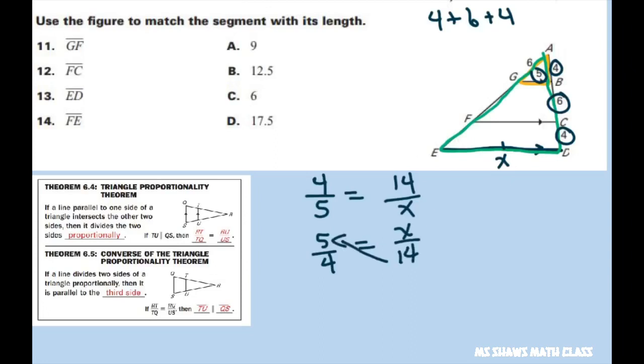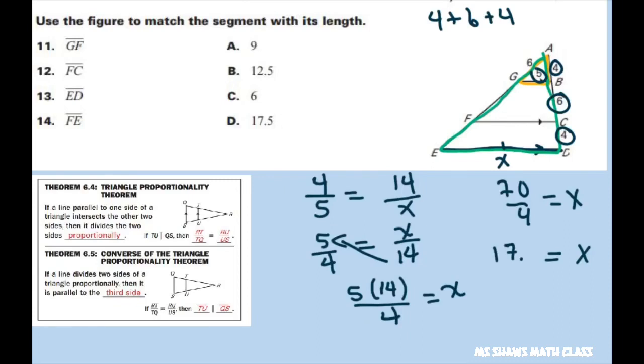Cross multiply and you get 5 times 14 divided by 4 equals X. Now 5 times 14 is, let's use a calculator to make sure, 70 divided by 4 equals X. And so X equals 17.5. So for this one, the answer is D.